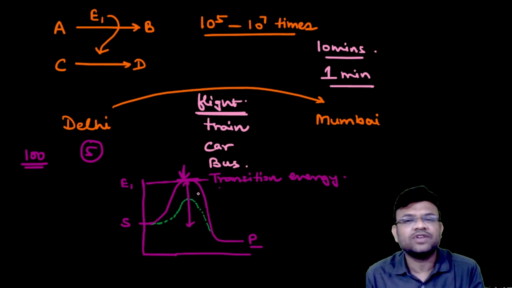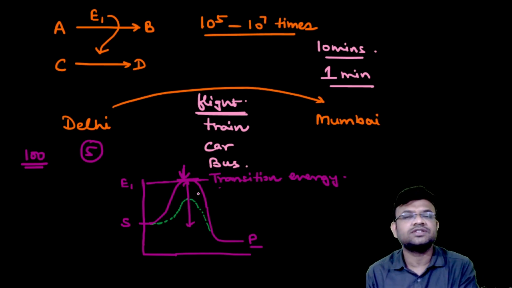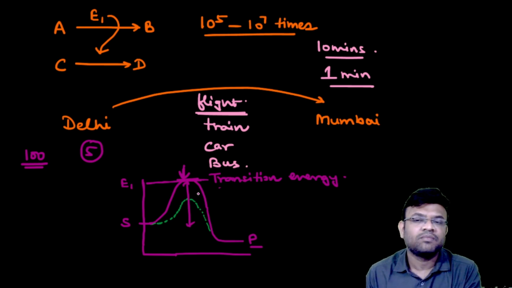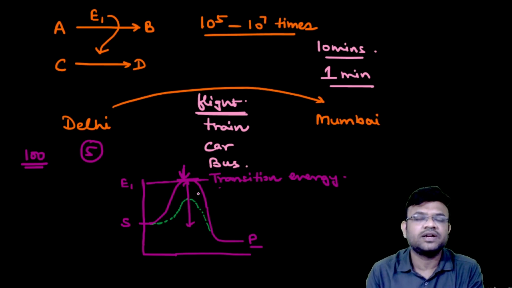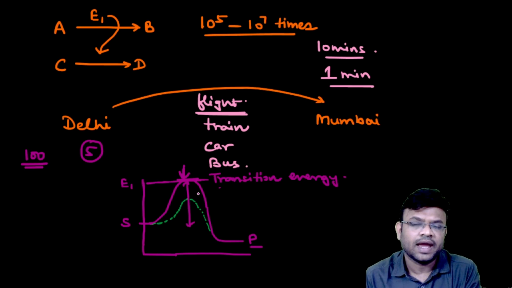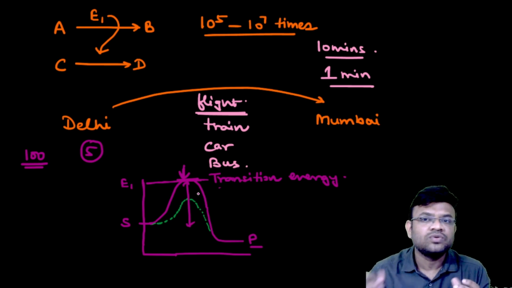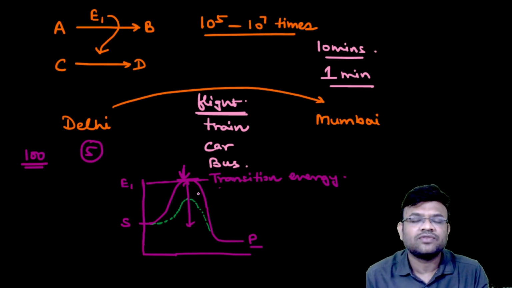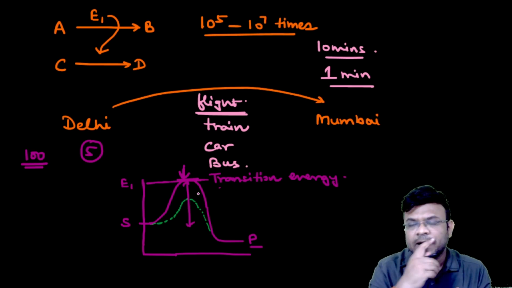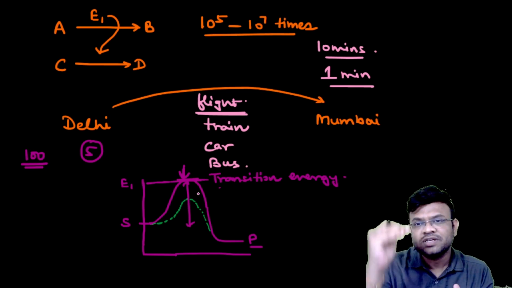What do you mean by activation energy? Activation energy is the energy that is required by the substrate to get converted into product. If I want to enhance the rate of the reaction, obviously I would require the activation energy to be lowered.